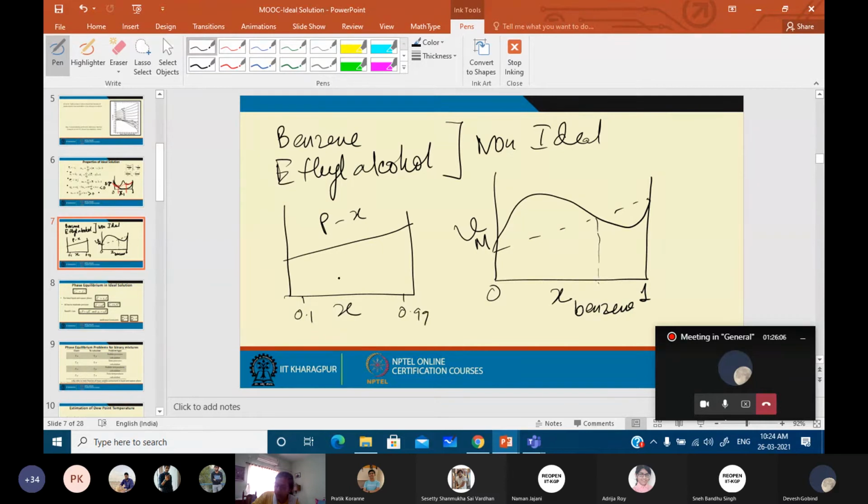For every point you have measured the total pressure and plotted it, and you find that, see, you'll never get a perfectly ideal thing. You will find that the experimental points fit to a best fit straight line. This is the best test to find out whether any particular solution is ideal or not. Am I clear to all of you?